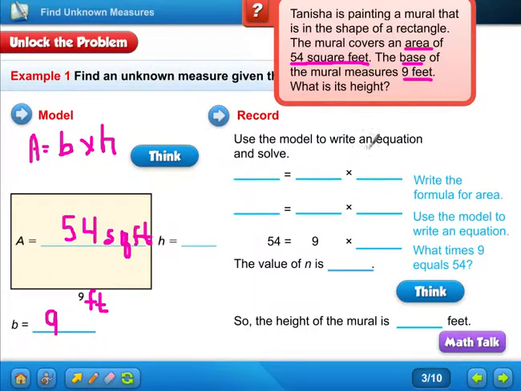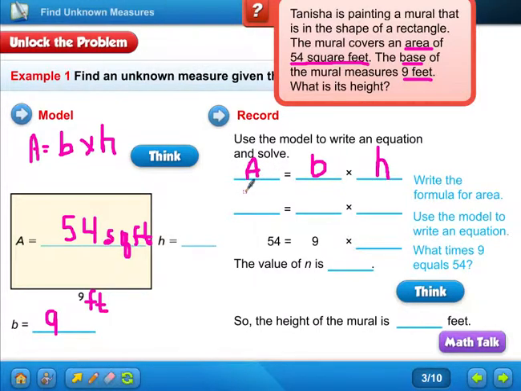Use the model to write an equation to solve. So we just reviewed that area equals base times height. So they wanted us to write the formula for area. Let's see what we can fill in.